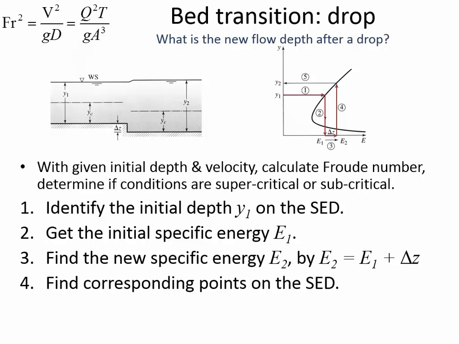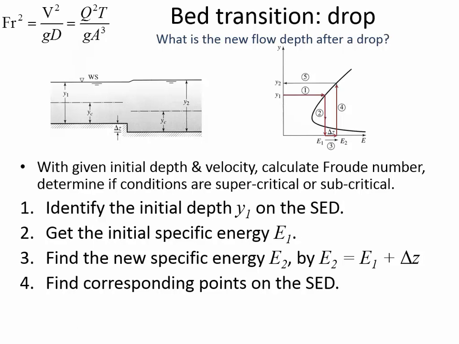So at location 1 in this illustration, we know that it was subcritical conditions just because of what Stephen said, that the depth y1 is greater than the critical depth. That tells us this is the depth that we should use. These are the two options, it can either be this one or that one, and it's the deeper of the two, because this deeper depth corresponds to the subcritical depth.